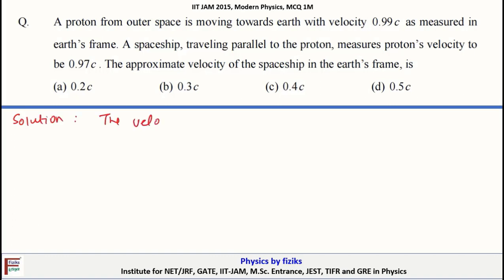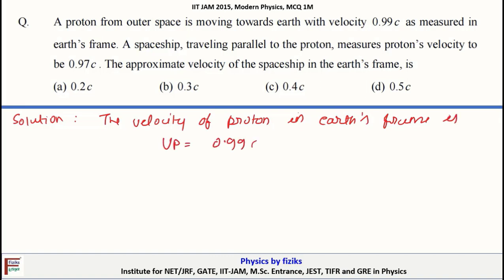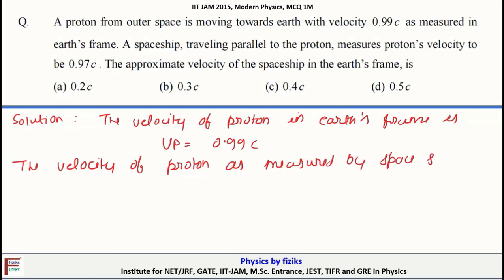The velocity of the proton in the Earth frame is Vp equals 0.99c. The velocity of the proton as measured by the spaceship is Vp dash equals 0.97c.